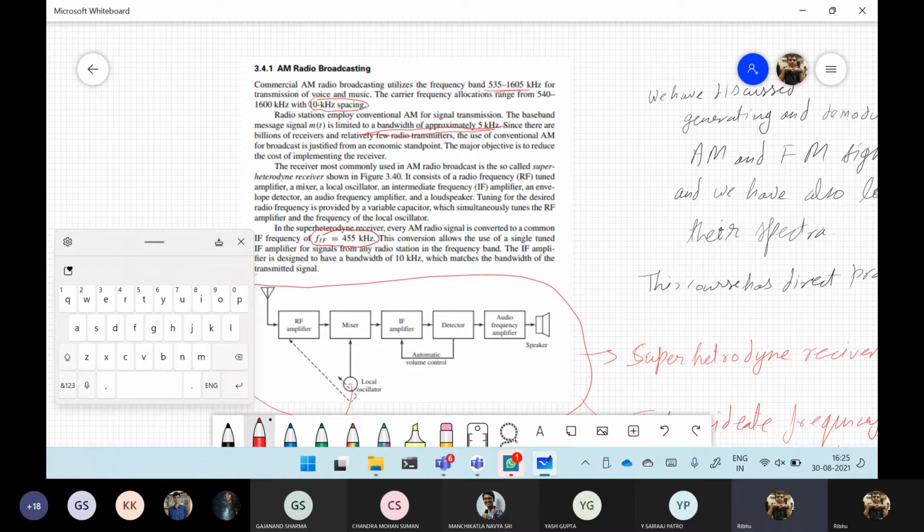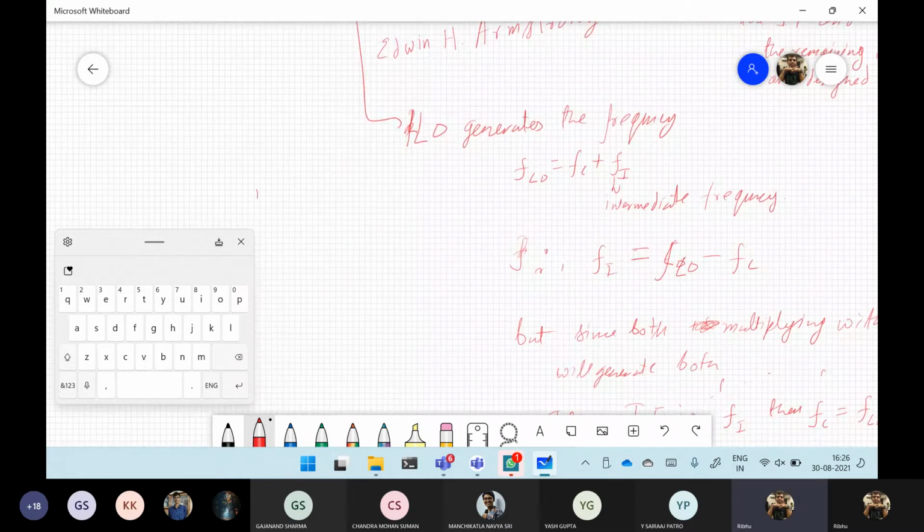So what is the range for FM? You guys tell me. You need not copy paste it from the book. Around 90 megahertz. 88 to 108 megahertz.